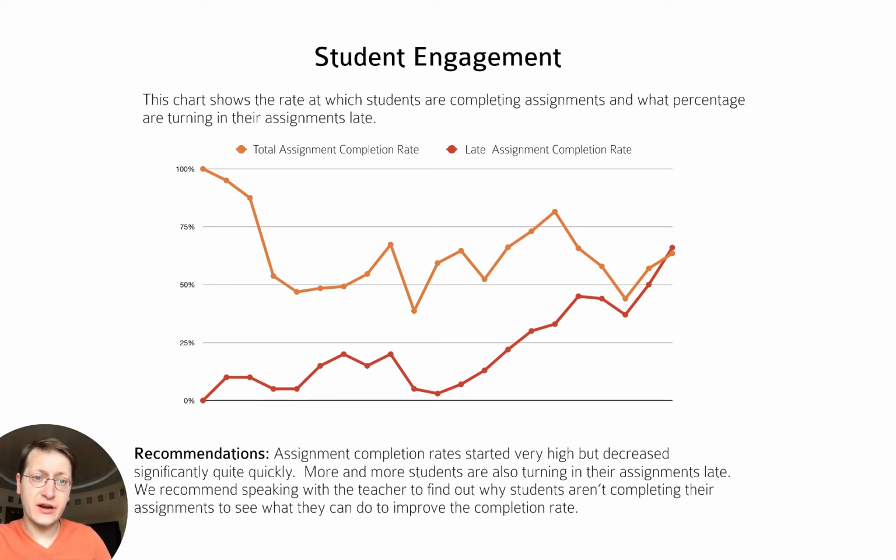Lots of students are not turning their assignments in on time here. Almost 50% of the class pops up to 75. Not great. Lateness is also increasing rapidly. This chart would show you that really there's a disengagement from the class, and they're, for one reason or another, not taking their assignments seriously anymore.